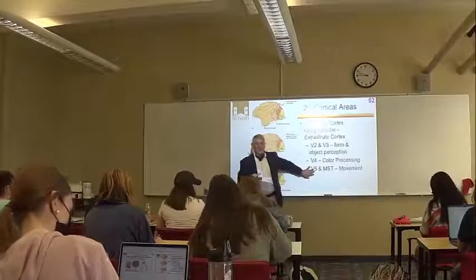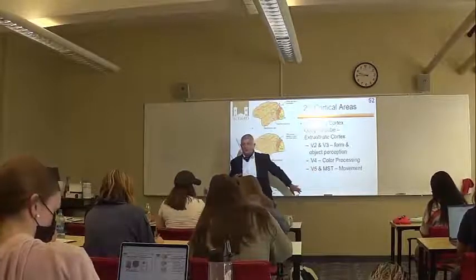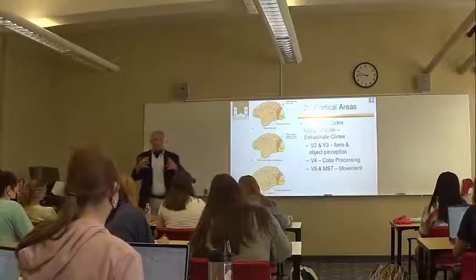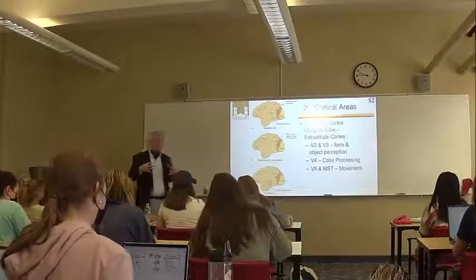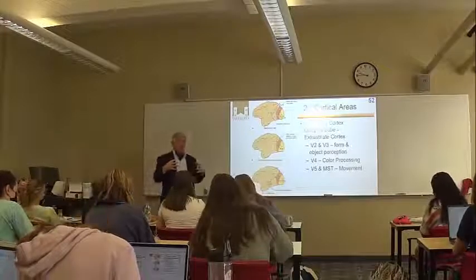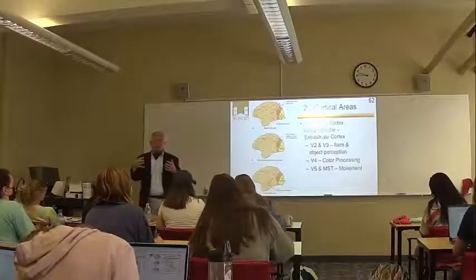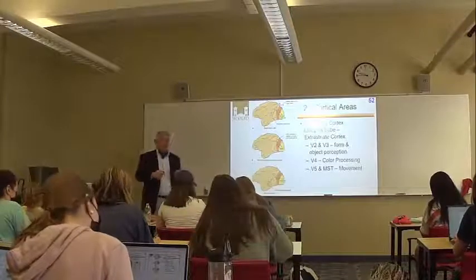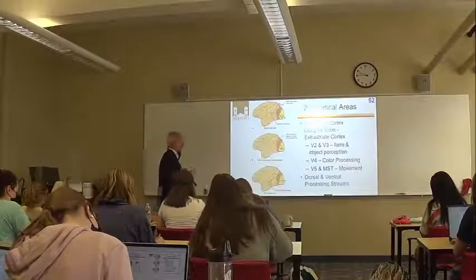We have special areas, V5 and middle superior temporal cortex, that are doing movement perception. So we have dedicated areas of this. These are secondary vision areas that are dedicated for particular complex processing, right?